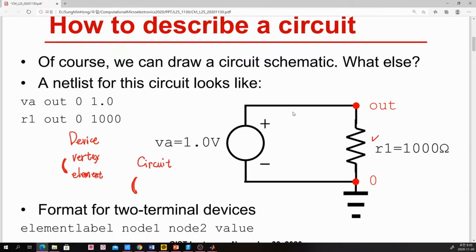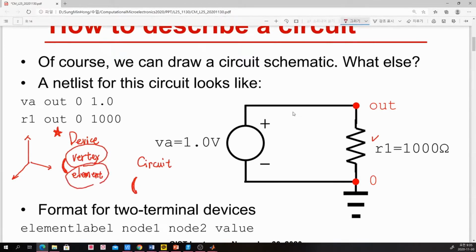So please come back to our device. In the case of a device, everything is just given as a two-dimensional or three-dimensional structure. So everything is homogeneous, and you can specify the position and their connectivity. However, think about a circuit now. In this case, the space is no longer a Cartesian coordinate, two-dimensional or three-dimensional.